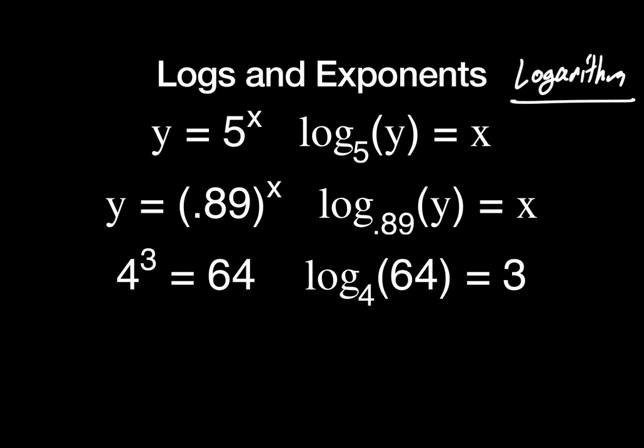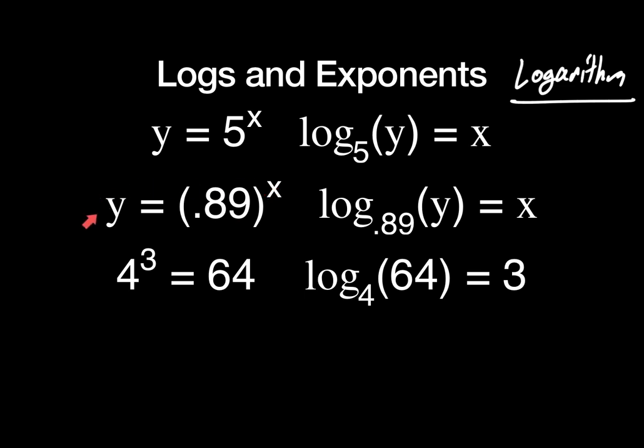Again, think through the inverses. We switch the variables around and solve for x and y. So anytime the exponent is my variable, the thing I'm looking for, I'm going to use logarithms to get it out in front.